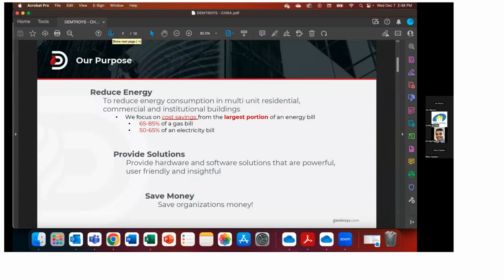We focus on the cost savings specifically from the largest portion of an energy bill. So typically your heating and or cooling, which represents 65 to 85% of a gas bill, or 50 to 65% of the electricity bill. We provide solutions, both hardware and software, and ultimately we are saving you money, and a significant amount of money.